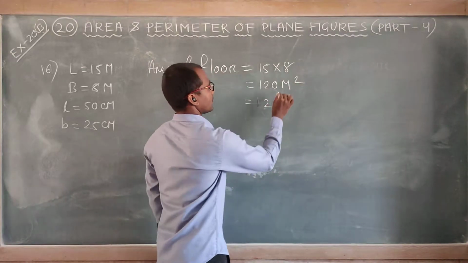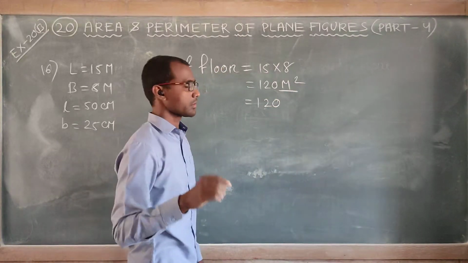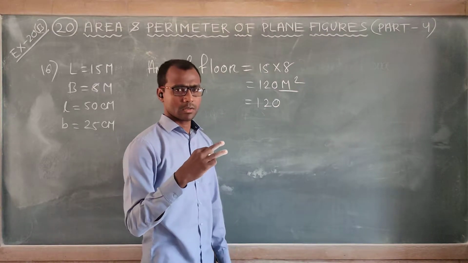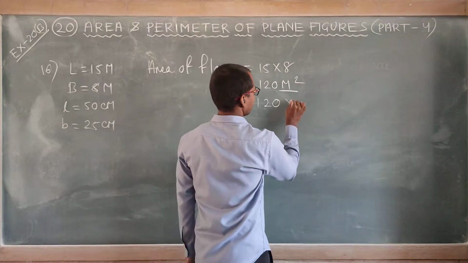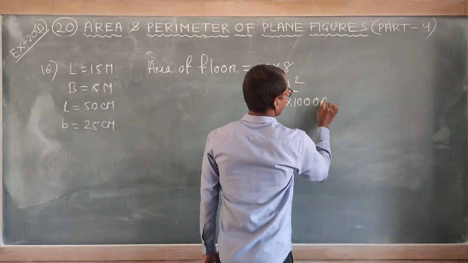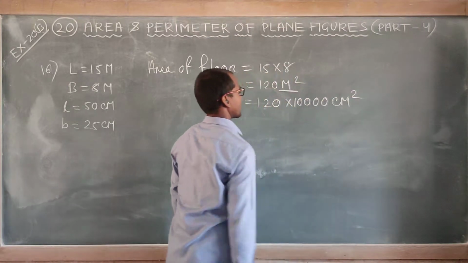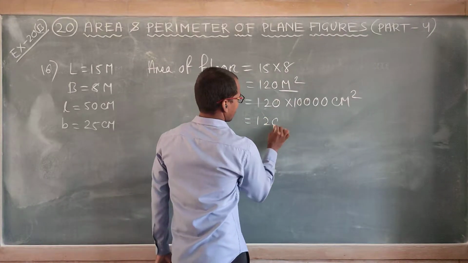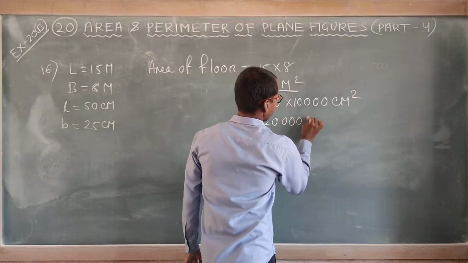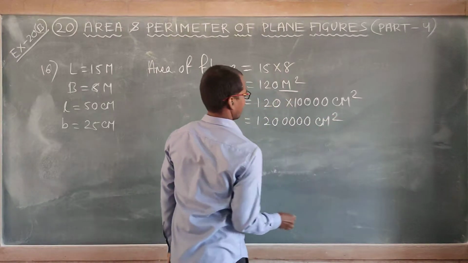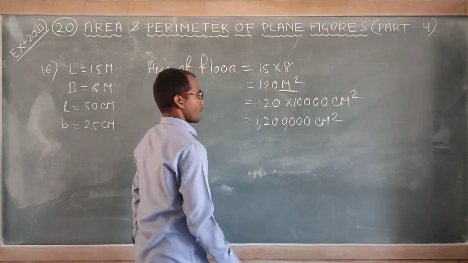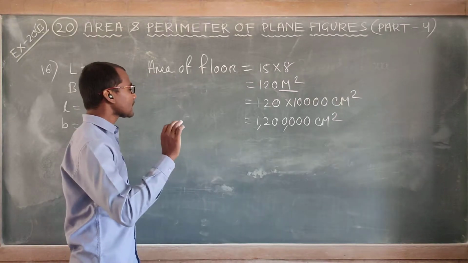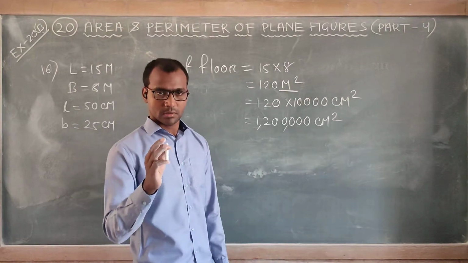So 120, 1 square meter is equal to 10,000 square cm. We have done this one or two questions back. So 120 into 10,000 square cm is 1,200,000 square cm. This is the area of the floor in square cm.